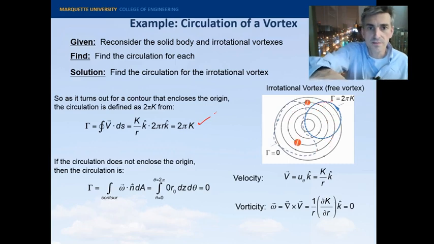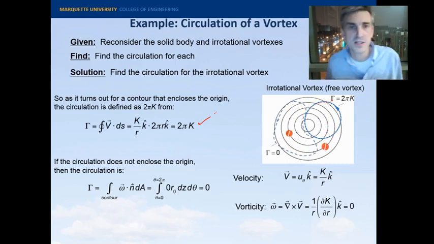And it's interesting to recall at this point, when I compare this solution, you can see that gamma, the circulation, is equal to 2 pi k.